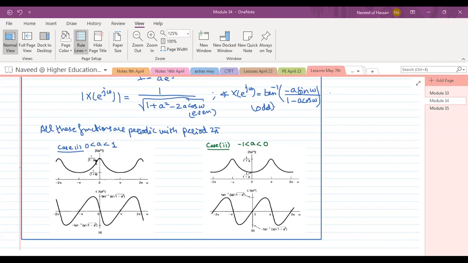And when A is positive, the lower frequencies, because in discrete time pi is the maximum frequency, so we have studied filters. If this were the impulse response of an LTI system, if A is positive, what do we call it, high pass or low pass? So my question is, if we have an LTI system whose impulse response is this sequence x[n], and its transform is this, and if we choose A between 0 and 1, the magnitude looks like this, so will it be low pass or high pass?